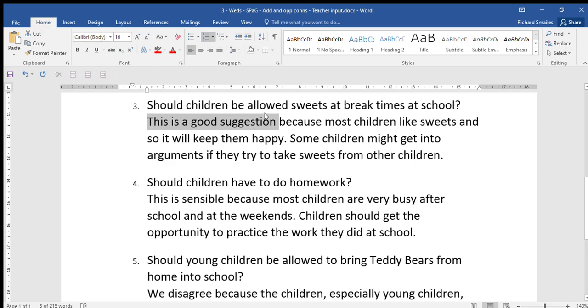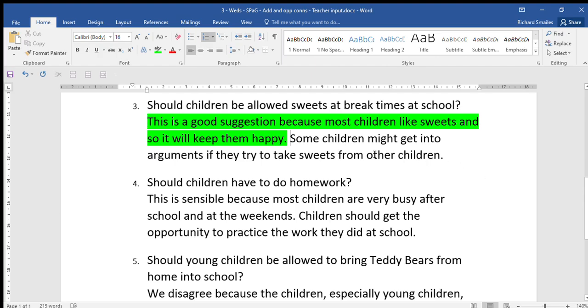This is a good suggestion because most children like sweets, and so it will keep them happy. So that first sentence says, yes, we think they should be, and therefore it agrees with the question, so we put it as green.